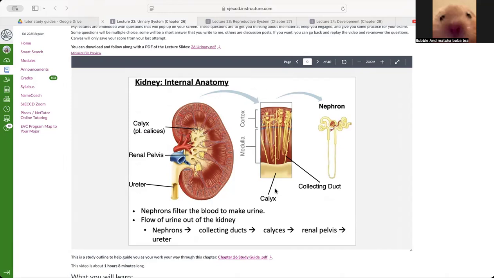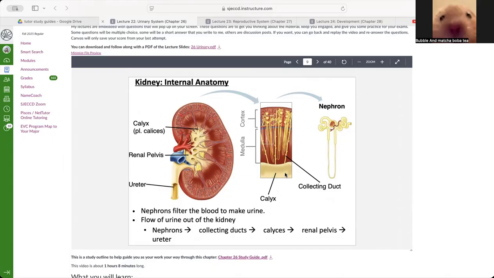Okay, so I'm going to go over this slowly with you guys to make sure it makes sense. So filtered blood is what makes urine, right? The urine is going to leave the kidney. It's going to go to the collecting ducts, which are over here. These are the collecting ducts. And then it will drain into the calyces.